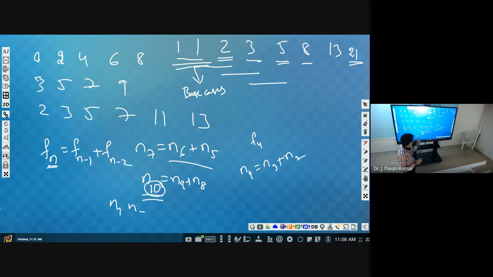Now let us try to generalize these two problems which we have discussed: factorial, and this is another one here. Whatever numbers we are calculating, these we call Fibonacci numbers.